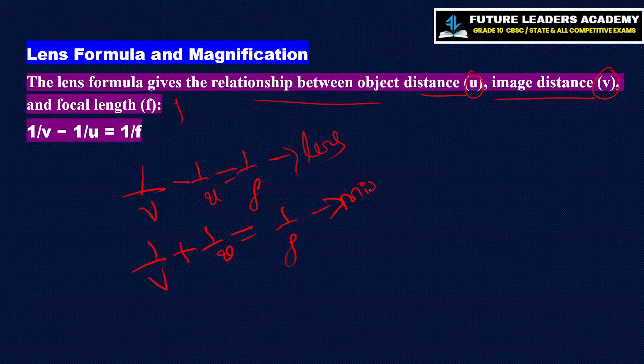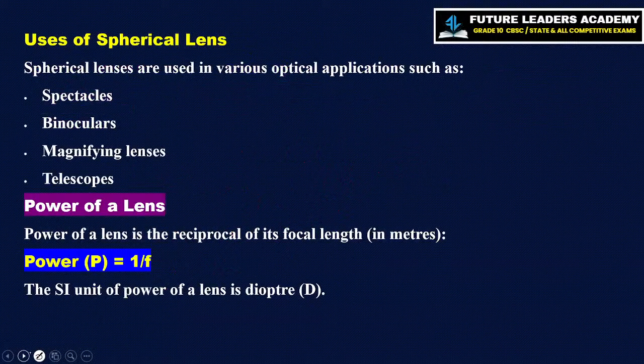It is for mirror. Isn't it? So the difference between mirror and lens is just the sign, positive and negative signs.